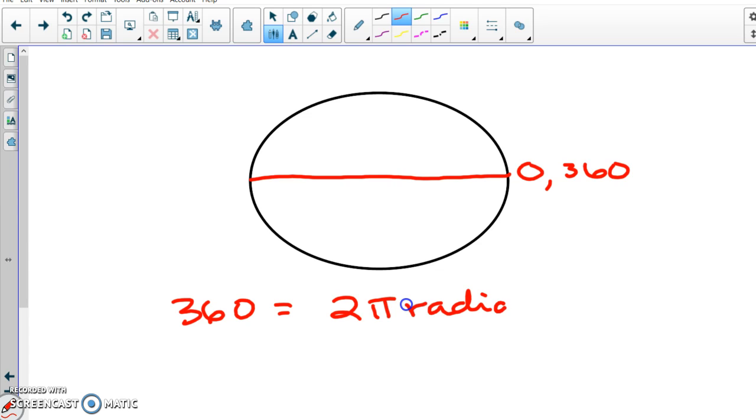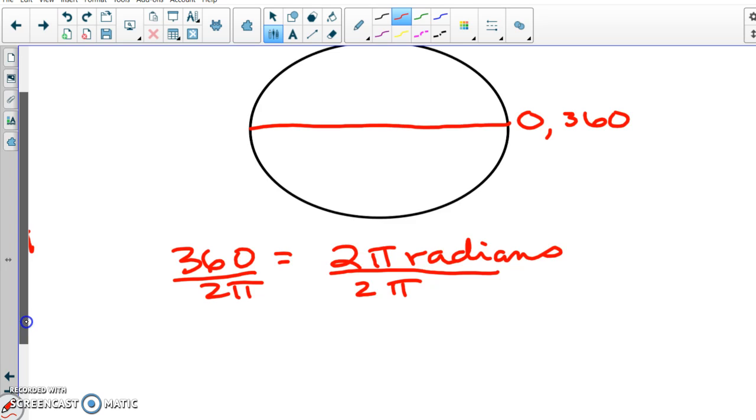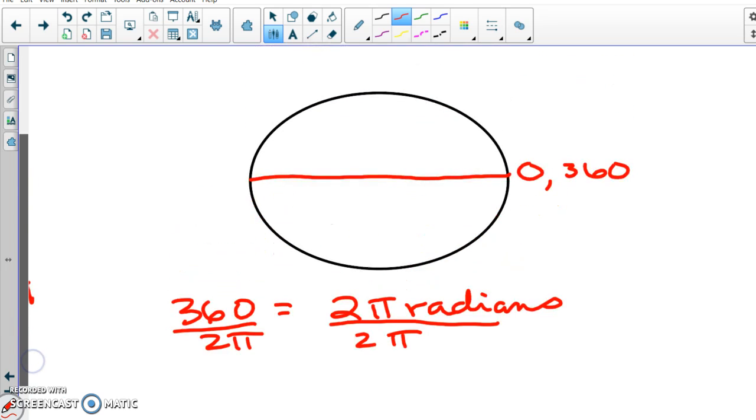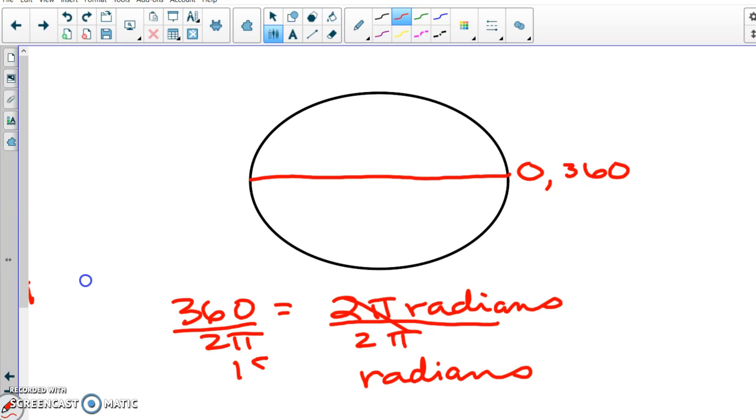And so if we look at that, we can see that if we divide both sides by 2 pi, radians is simply equal to, and this is going to be our conversion factor, 180 over pi.